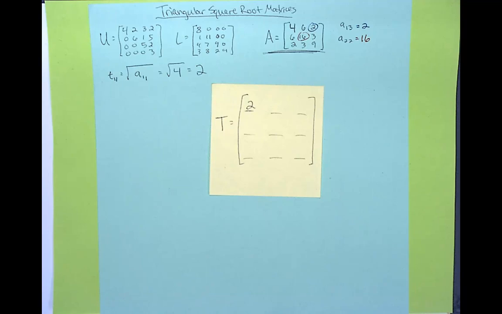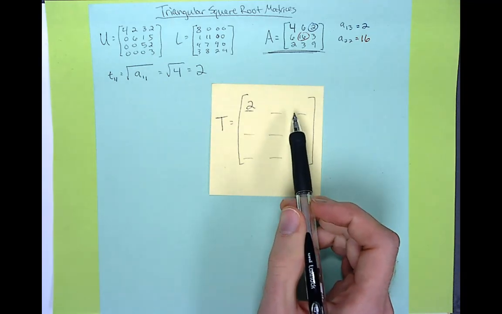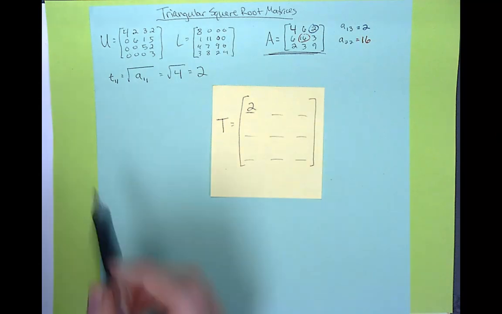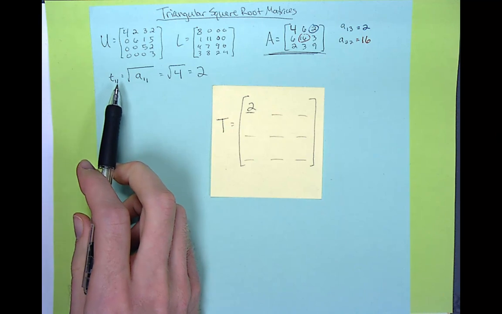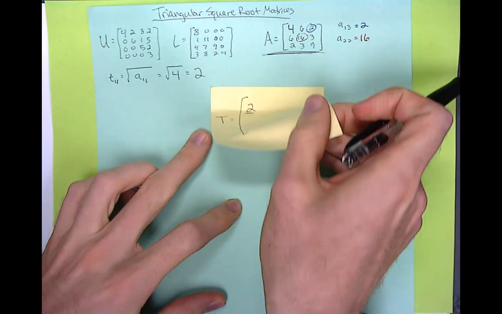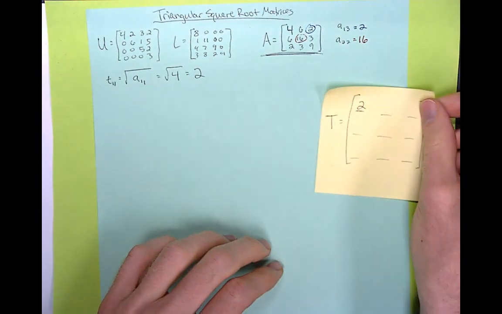The remaining elements in the first row of T are found by dividing the corresponding elements in A by T11. So let me demonstrate that here.